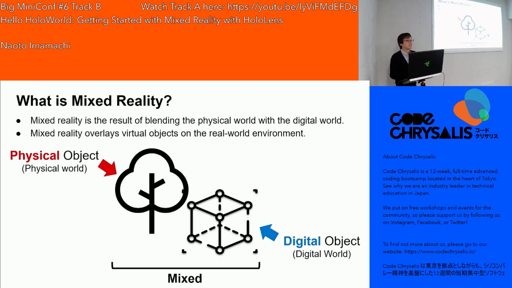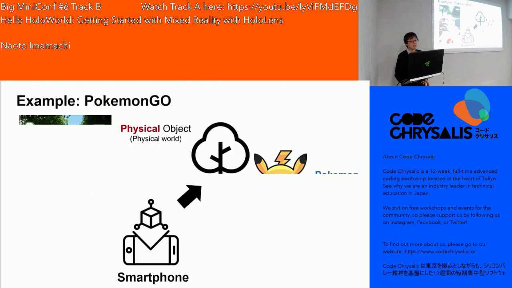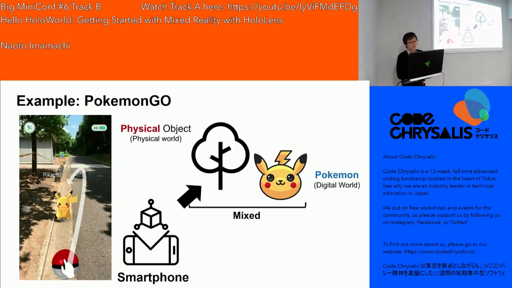Mixed reality is the result of blending the physical world with the digital world. Mixed reality overlays virtual objects on the real world. The most popular example is Pokemon Go. Have you ever played Pokemon Go? Oh, many. So, as you can see, through the smartphone, we can see the virtual Pokemon on the real world, like that.